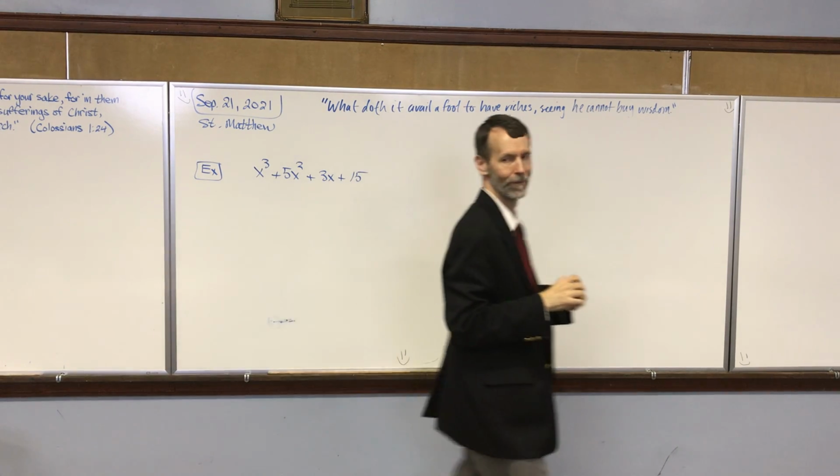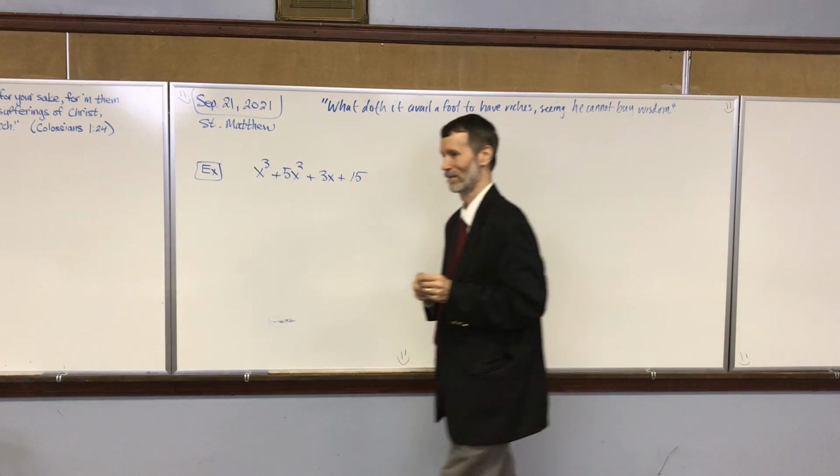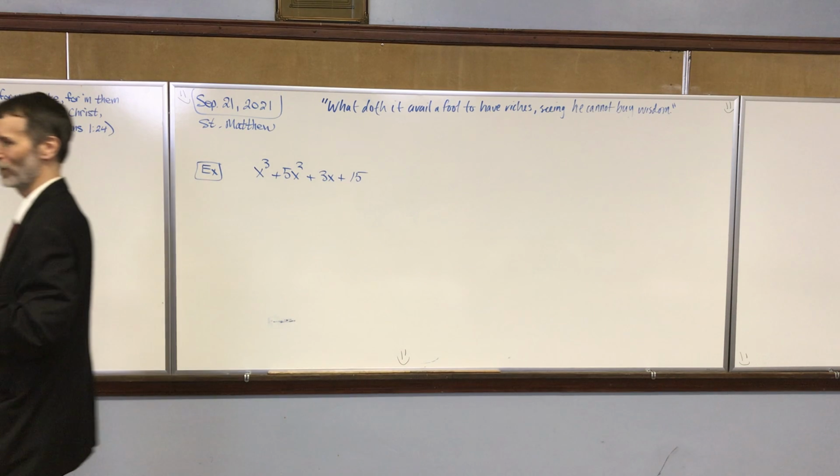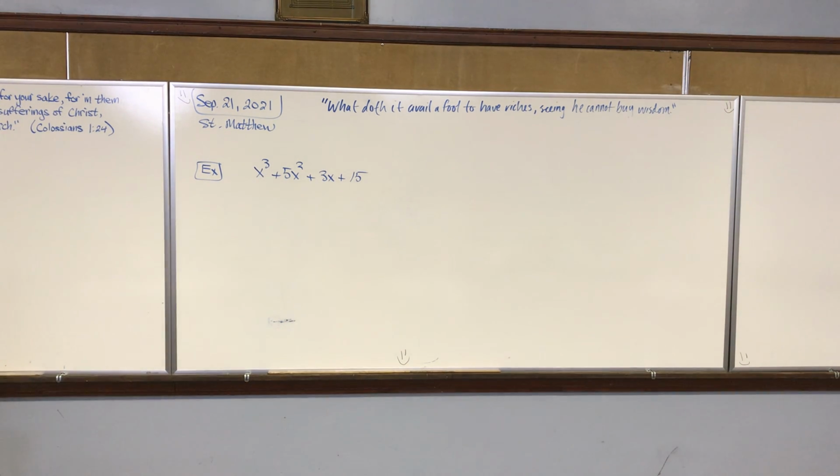Example. Go ahead and write this down. X cubed plus 5x squared plus 3x plus 15.